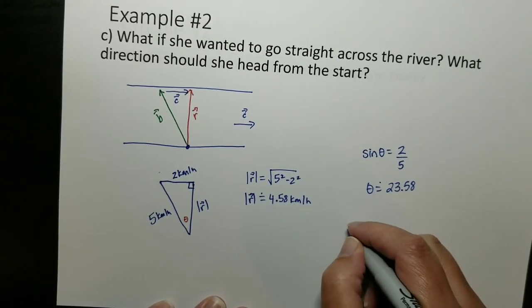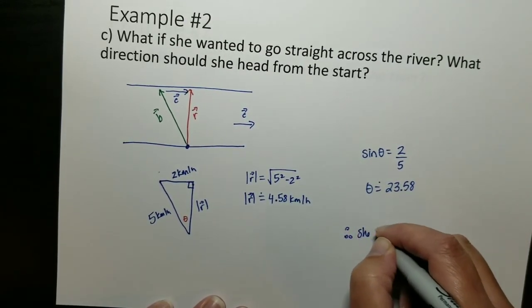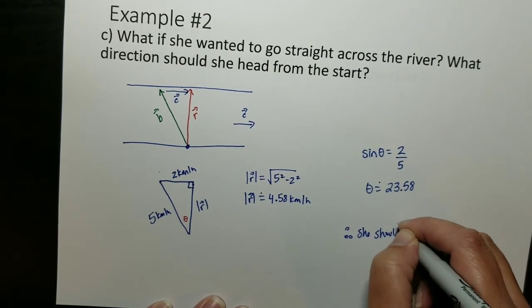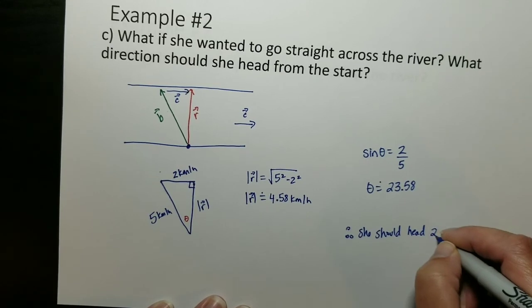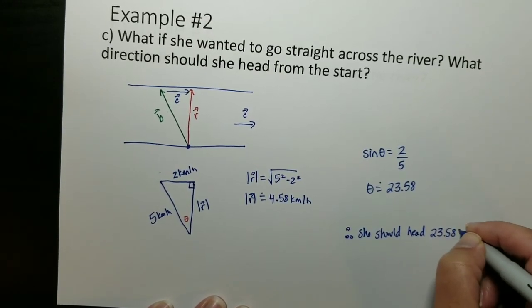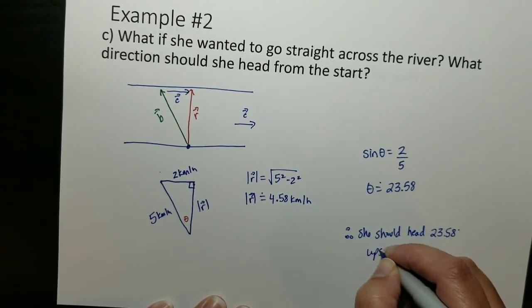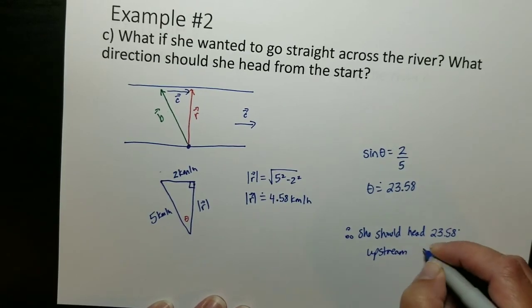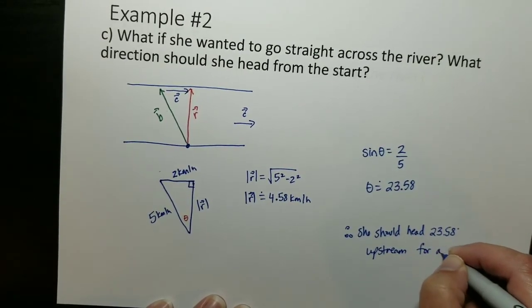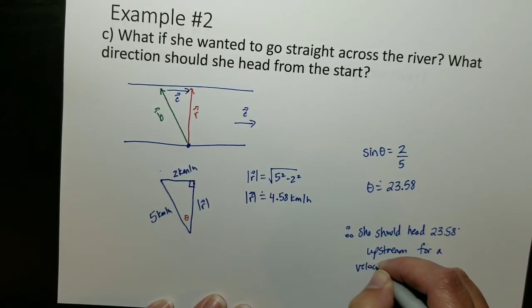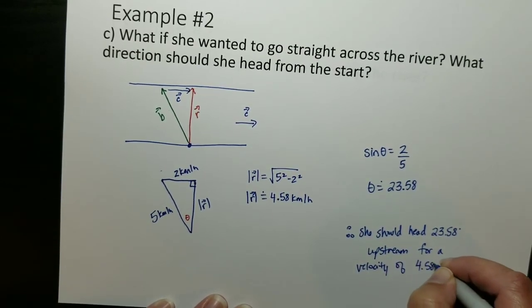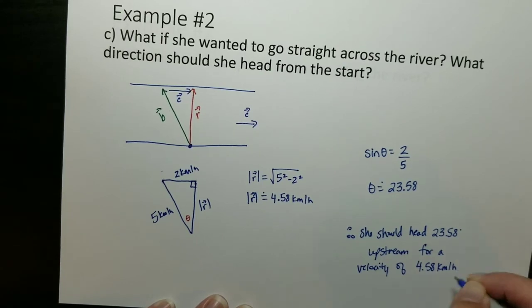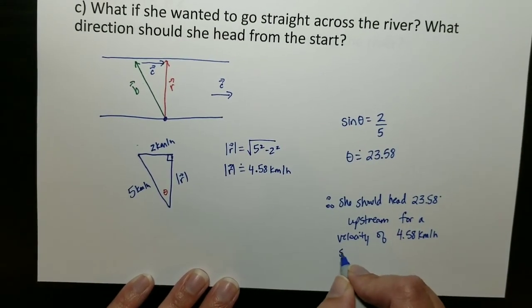So therefore, she should head 23.58 degrees upstream for a velocity of 4.58 kilometers per hour straight across.